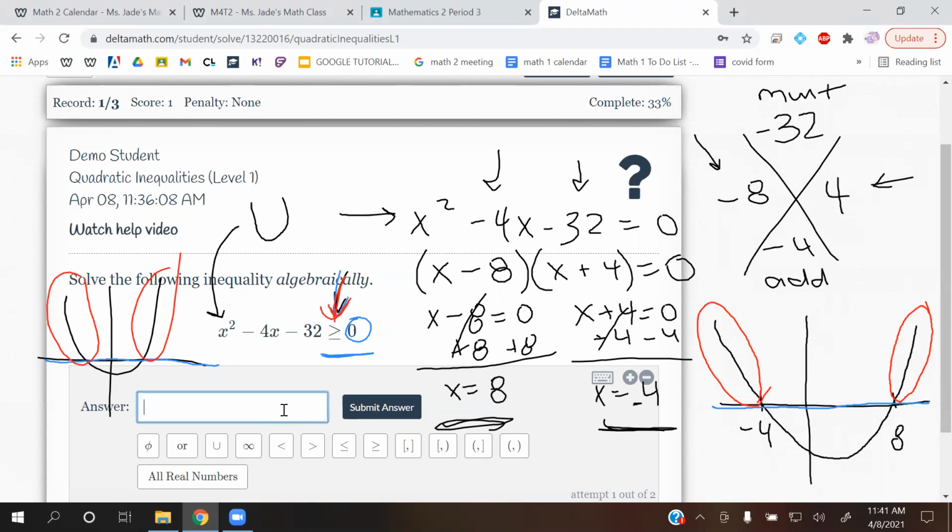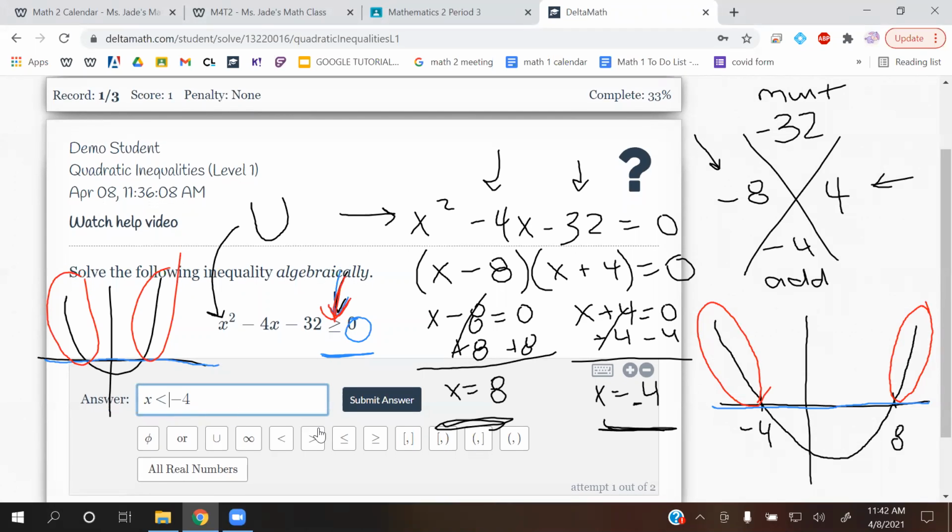So instead of just saying x is less than negative 4, I don't want this because I want to keep the same type of symbol. If this one has an equal line, I want this one to have an equal line. So I don't want this, but luckily they gave it to us over here. So I'm going to delete that and type this one. So I want x is less than or equal to -4 simply because this symbol has the equal to line under it. So if the symbol has the equal to line under it, you want to include this number in here.